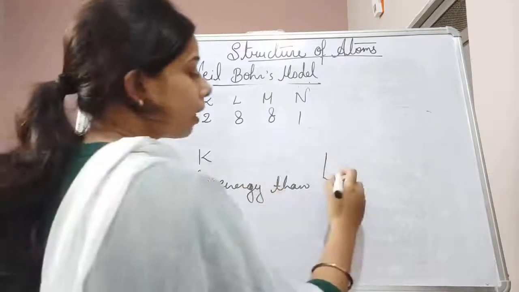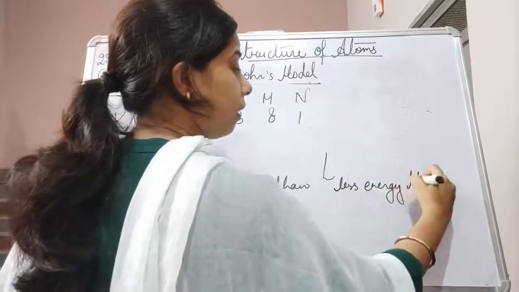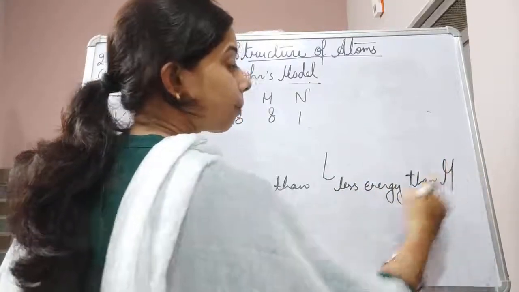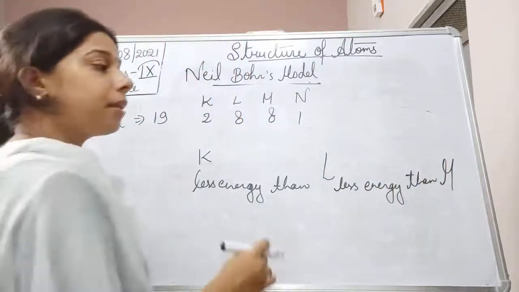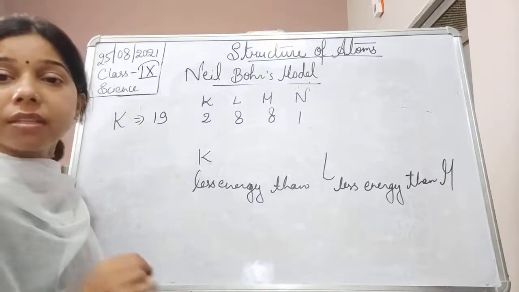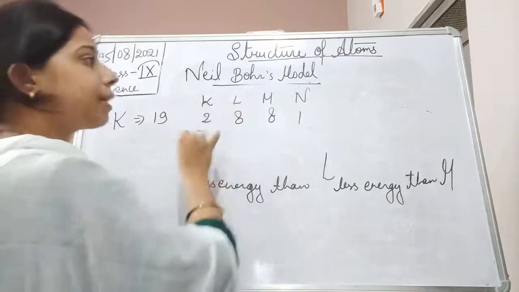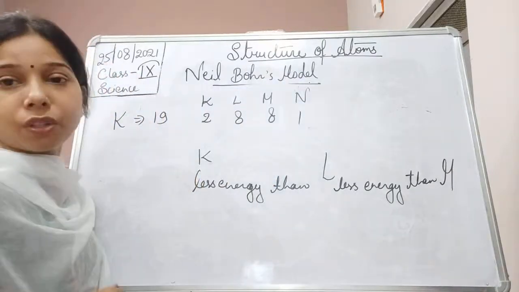Similarly, the L shell has less energy than M, and M has less energy than N. And electrons always start entering from the lowest energy to the highest energy.